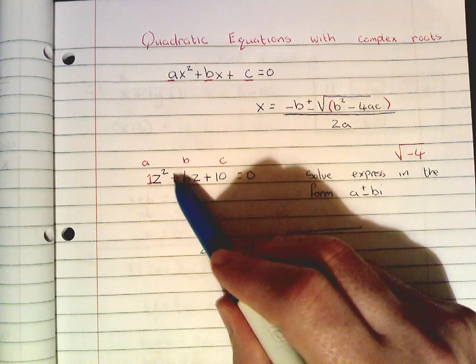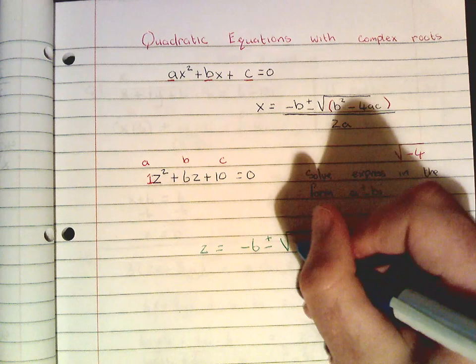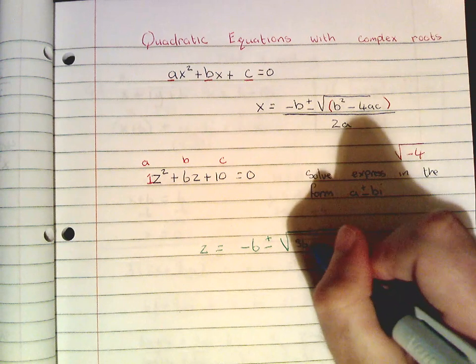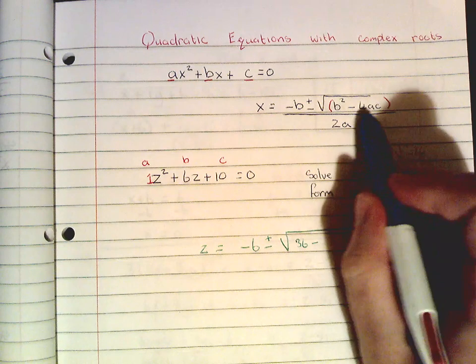So remember, b in our quadratic is 6, so it's going to be 6 squared, which is just 36, minus 4 times ac.